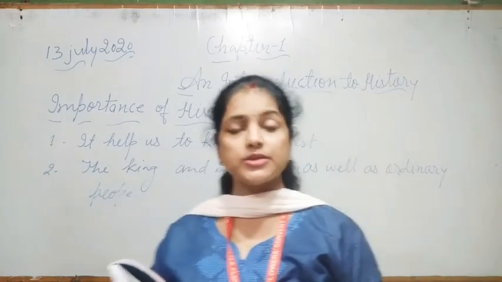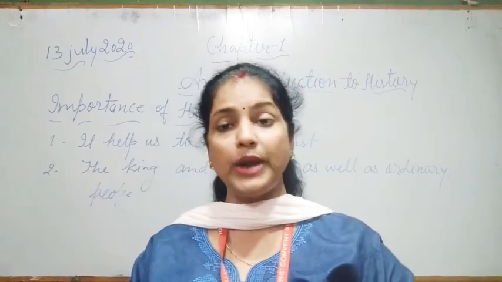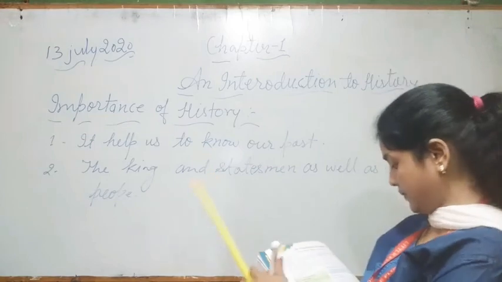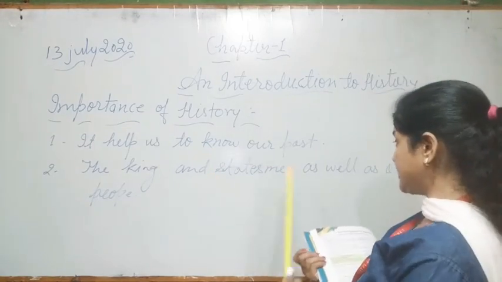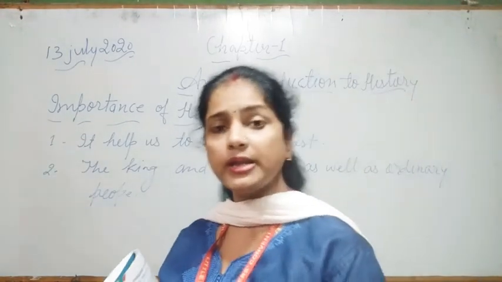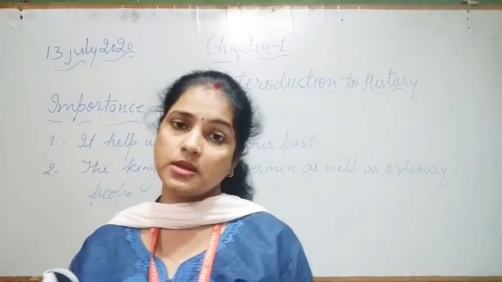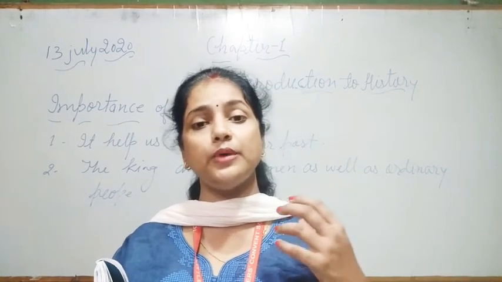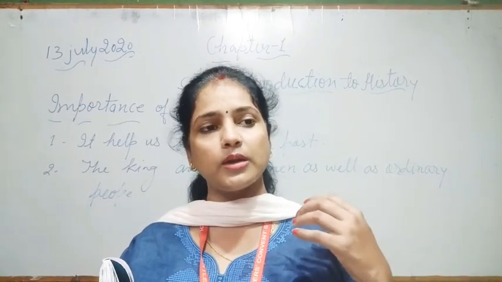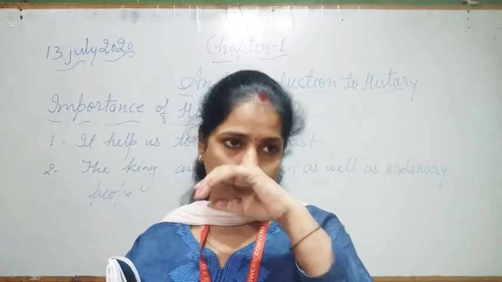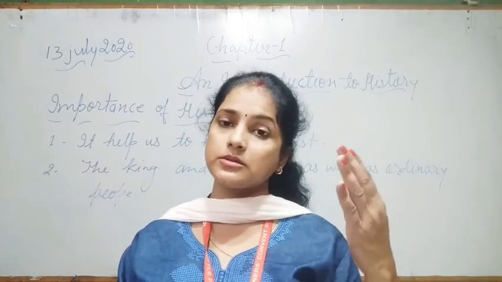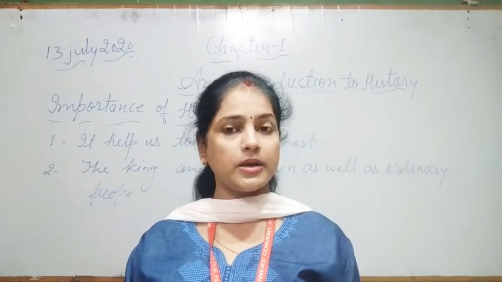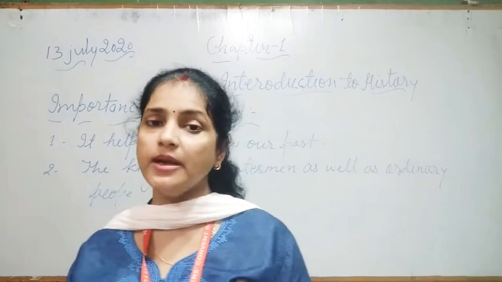Students, in this section the points are the kings and statesmen as well as ordinary people. We take the information not only about the kings, but also how ordinary people lived, what type of tools and what kind of work they were doing, and casteism and religion, all the things we take the information about the past by history.